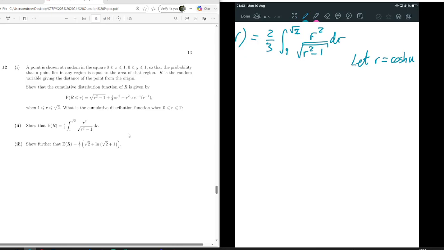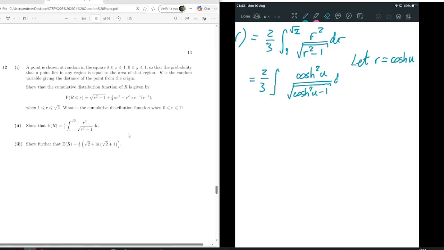If this was 1 over, this would be how you would derive this integral, but it's not 1 over, so I'm going to do it this way and hope that things lead nicely into what I want. So this is going to be 2/3 the integral of, I've then got cosh squared u on the top and the root of cosh squared minus 1 on the denominator.